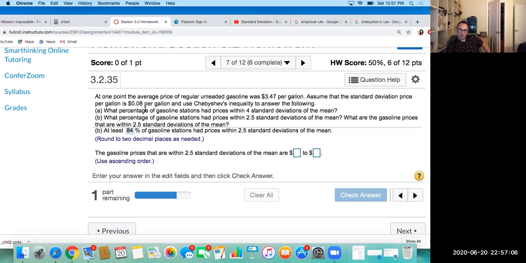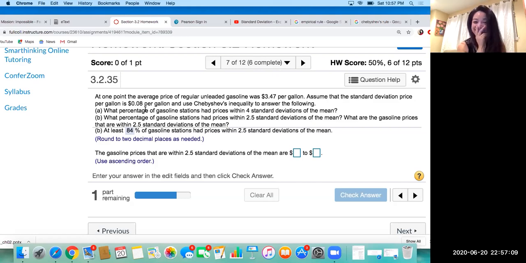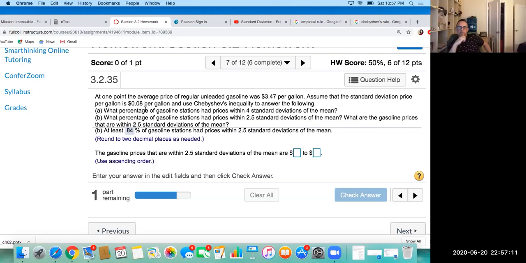So 327 to 367. Because 2.5 times 8 cents is 20 cents.